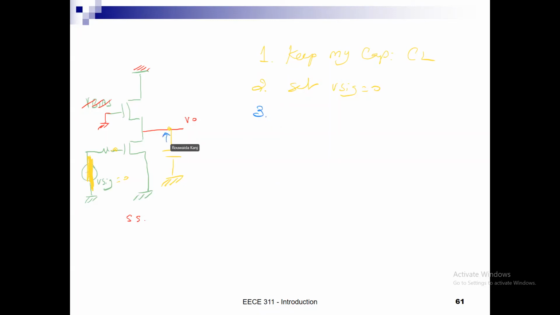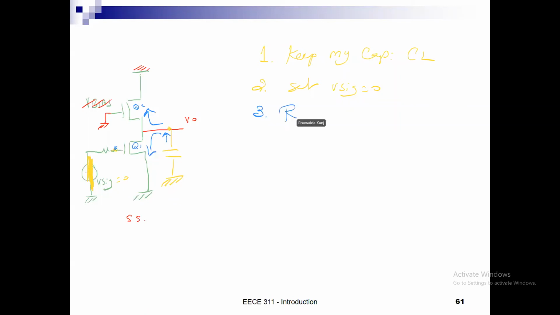So step number 3, I'm going to say, well, this is my capacitor, and I want to see what resistance it sees. If the capacitor sends a current, it has a chance to go in those 2 directions. So what is the resistance that this will see? This is transistor Q2 and this is transistor Q1.